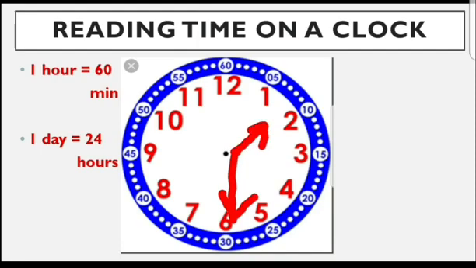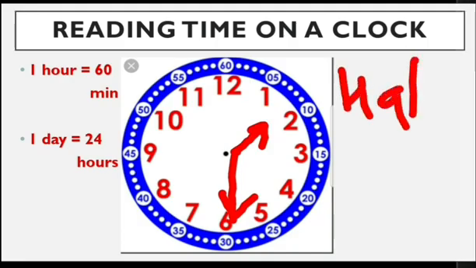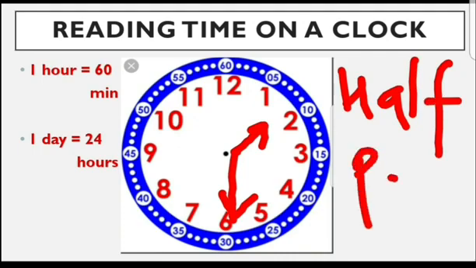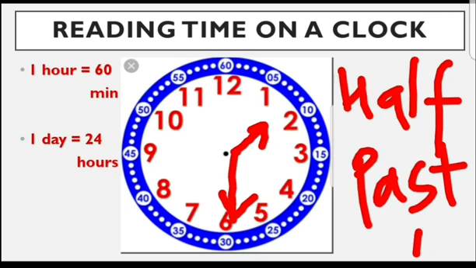So children, it means it is half past 1. It means children, 30 minutes have passed after 1 o'clock. Okay, that's why it is half past 1, that is 1:30.